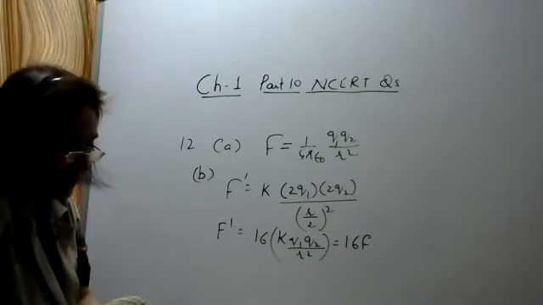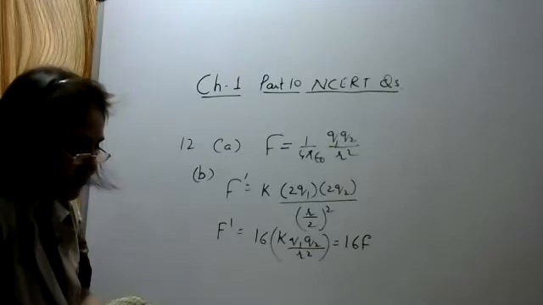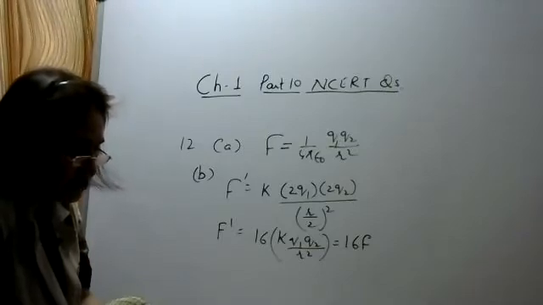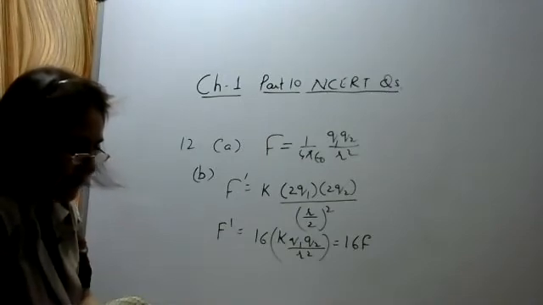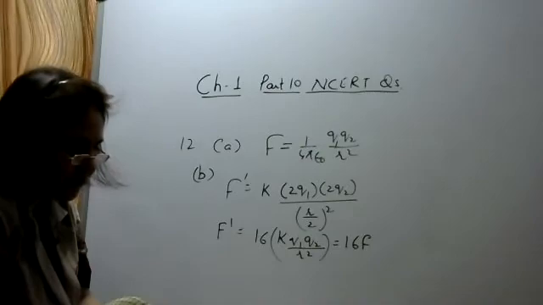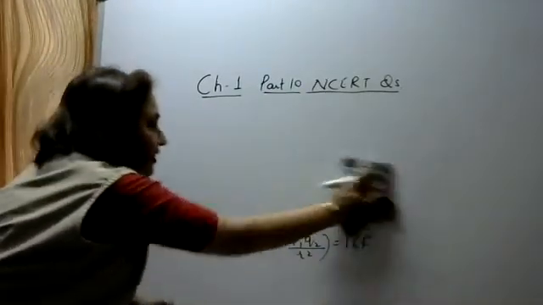Question number 13. Suppose the spheres A and B have identical sizes, a third sphere of the same size, but uncharged, is brought in contact with the first and then brought in contact with the second one and finally removed. What is the new force of repulsion? Let's do question number 13.